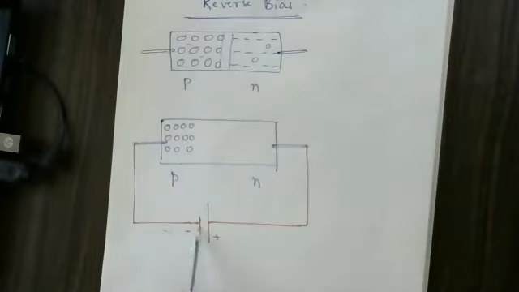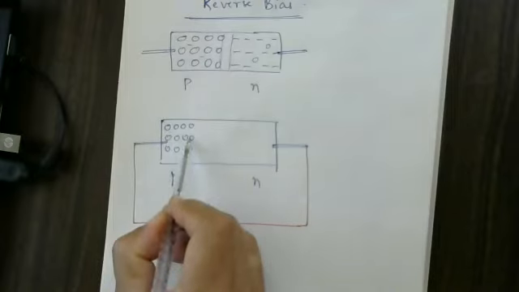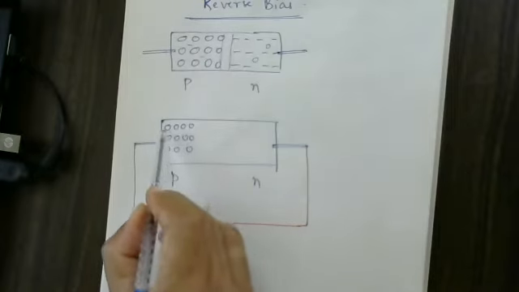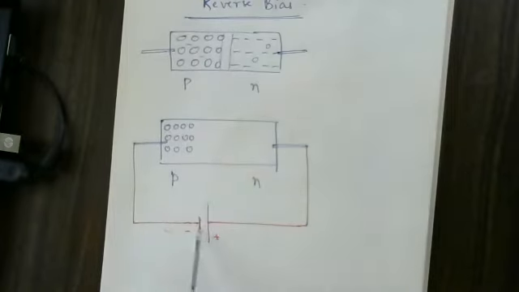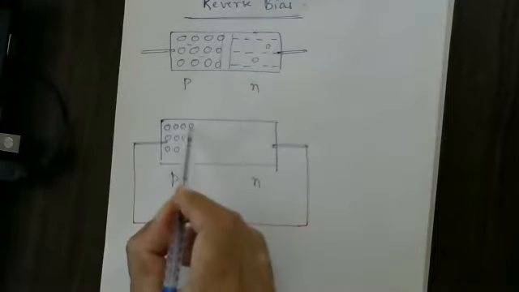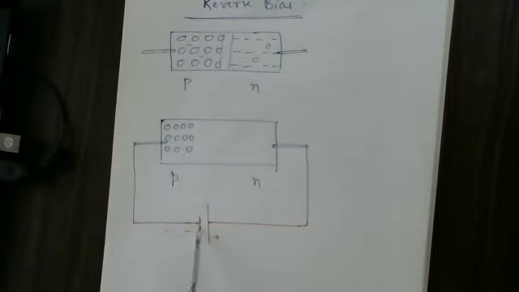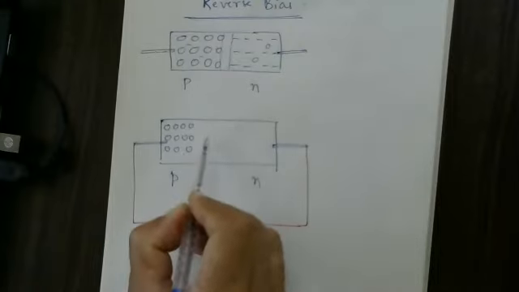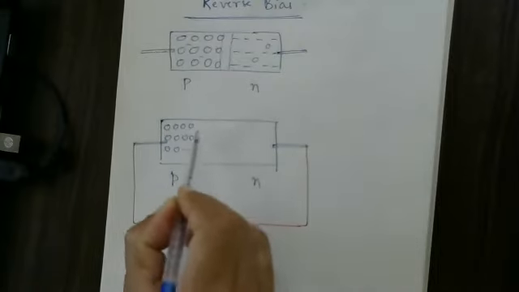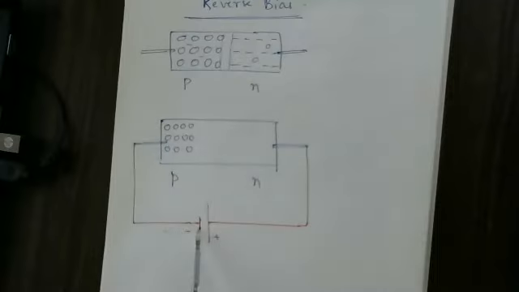This negative potential attracts the holes, because holes have positive charge. Hence these holes are attracted towards the negative potential, and they are moving away from their position towards the negative potential.